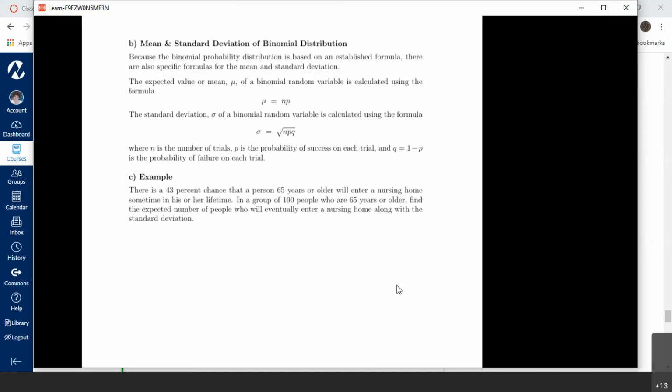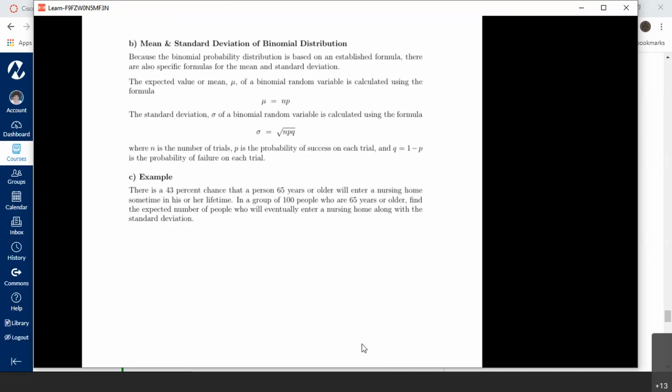If you think about it, it makes sense. If on average, 20% of the things coming off your production line are defective, how many defects would you expect in a sample of 100? Well, 20% of it, 0.2 times 100, about 20 defects. So this is kind of an intuitively simple thing to understand.